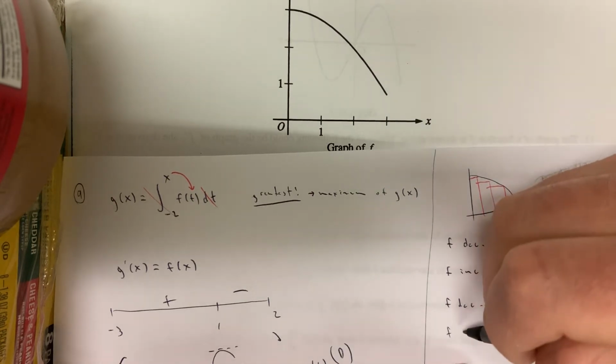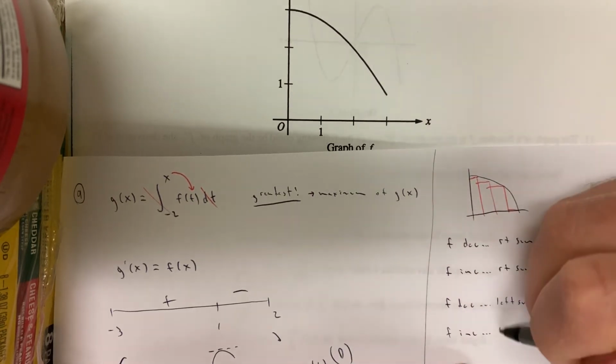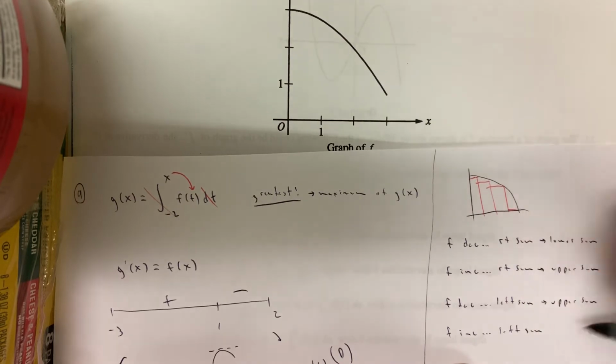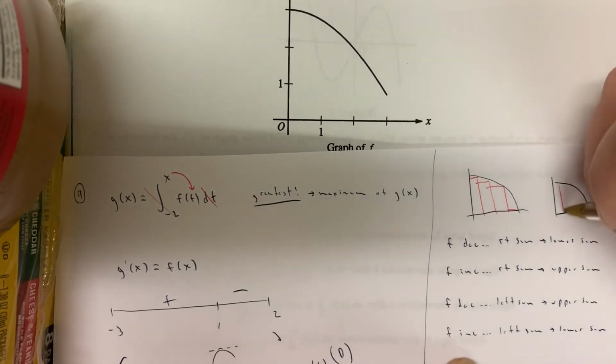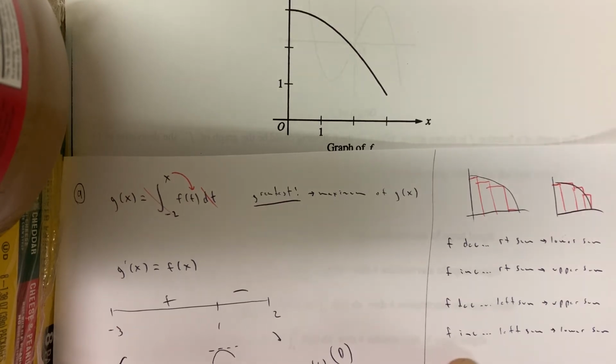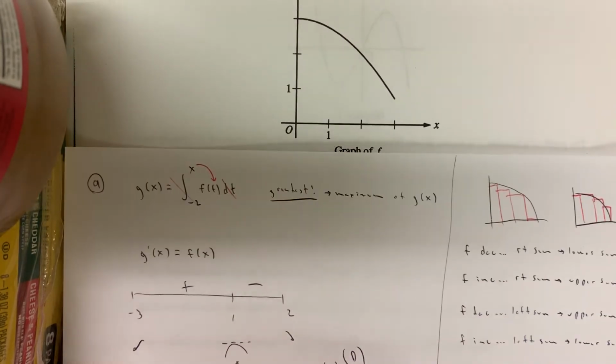When a function is increasing, your left sum will now be a lower sum. I don't think you need to memorize it, okay? I think you could just actually draw a graph and be like, okay, if I do a left sum right here, what's going on? Use the leftmost x value, leftmost x value, leftmost x value, and you can see that's actually an upper sum right there if the function is decreasing.